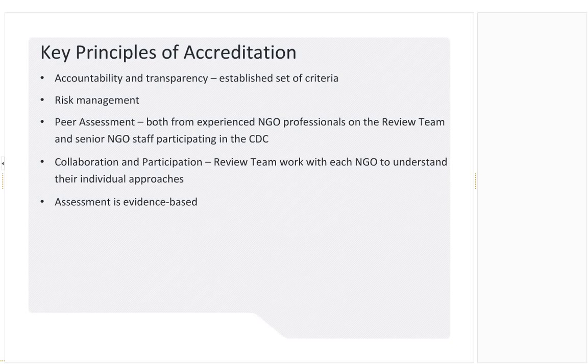Assessment is evidence-based. So that means the review teams assess NGOs through the review of documented evidence and discussion. So we're not just looking at a policy, we're looking at how those policies are implemented and evidence of that implementation. So that's a really key point.